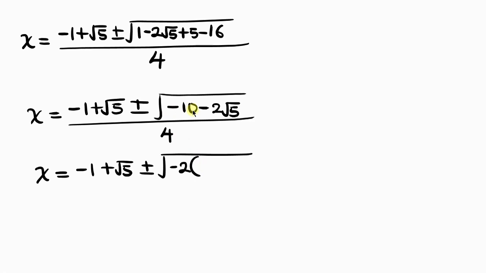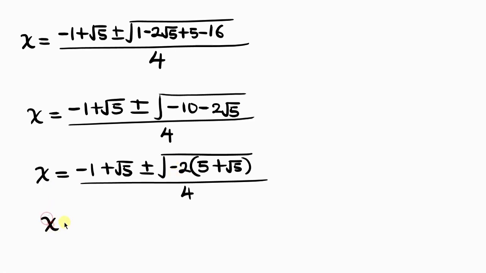Now negative 10 divided by negative 2, I'm going to be having 5. Then negative 2 root 5 divided by negative 2, I'll be having plus the square root of 5, all over 4. And notice that I have a negative inside of the square root, which means this is a complex solution.